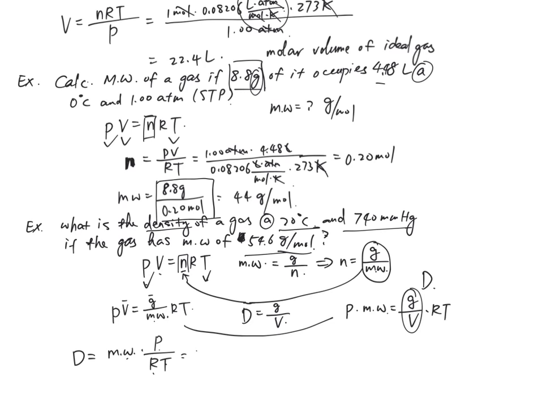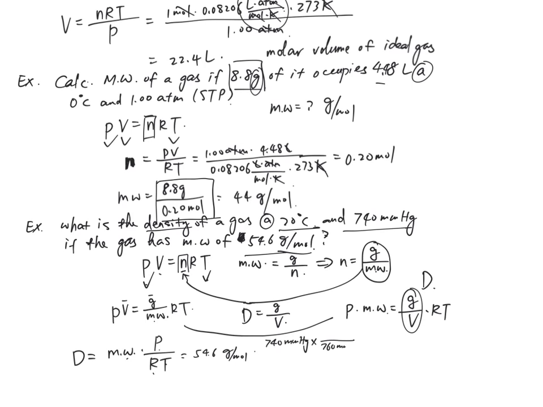So 54.6 grams per mole times pressure, which is 740 millimeters of mercury. Make sure you turn it into atmospheres.